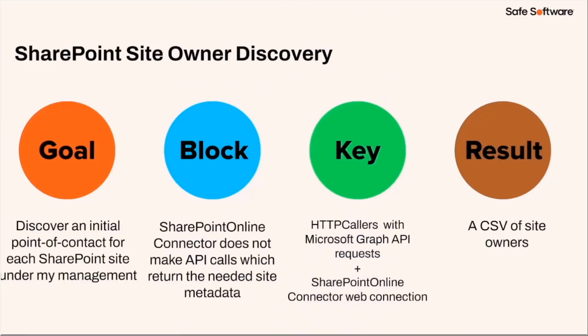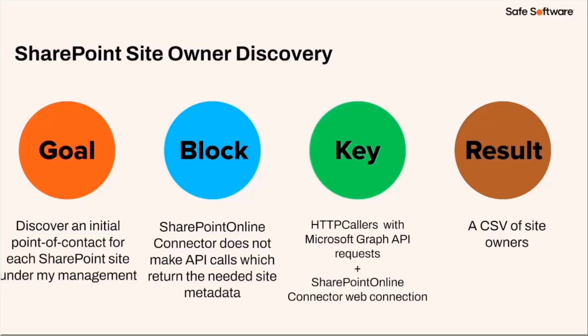Now the problem here is that site ownership, or at least a relevant site point of contact, is information that is stored in the metadata of a site. And the SharePoint Online connector and SharePoint list format do not make the API calls needed to return site metadata. Thankfully, the HTTP caller will faithfully perform really any API call you want it to, as long as it's provided with the correct request details and, where needed, authorization information.